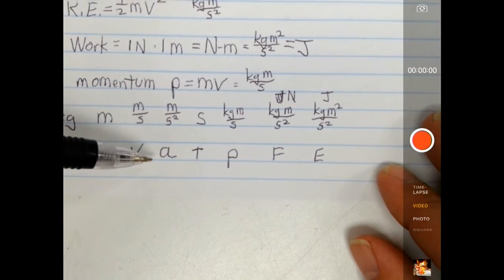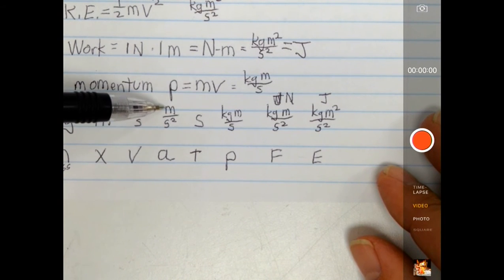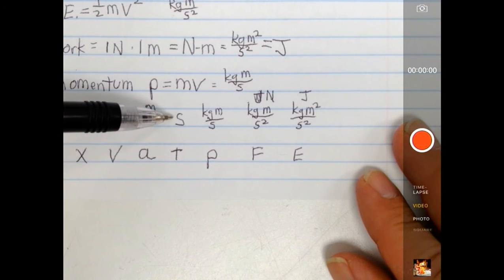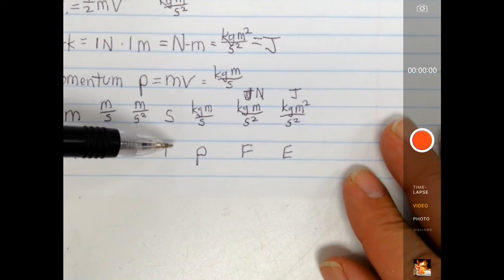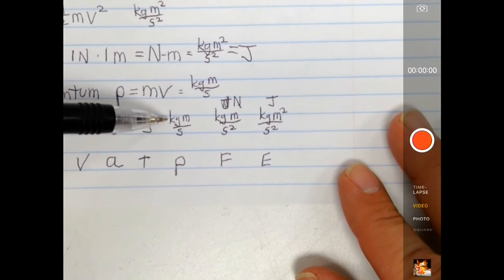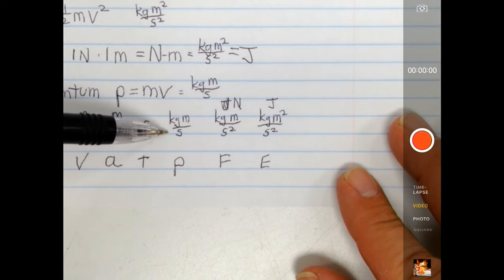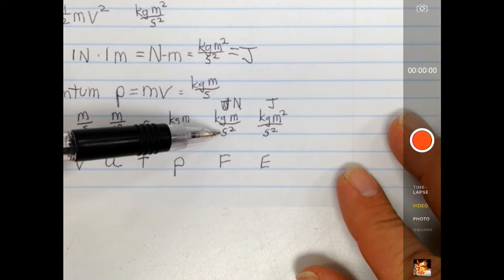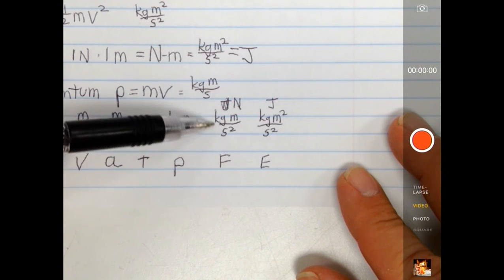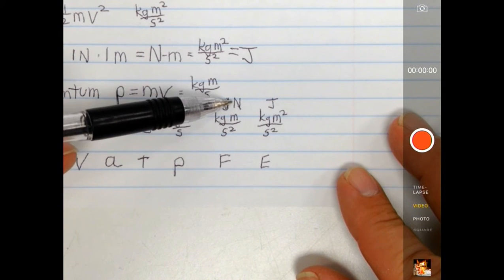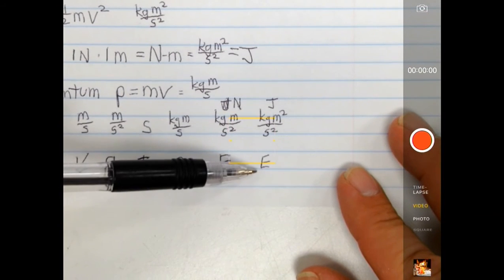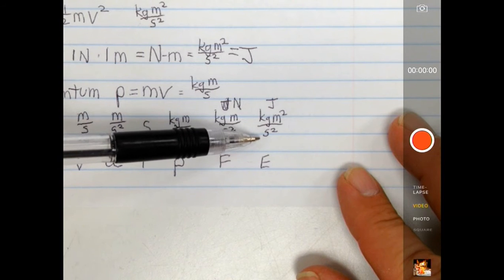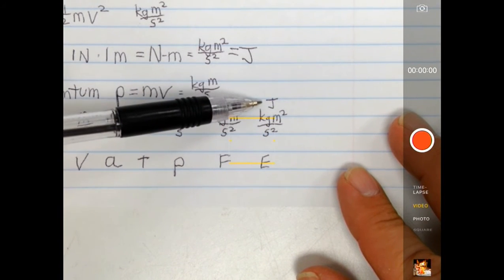The units of acceleration are meters per second squared. The units of time is seconds. The units of momentum are kilogram meters per second. The units of force are kilograms meters per second squared, which also is known as a Newton. The units of energy are kilograms meters squared per second squared, which are also known as joules.